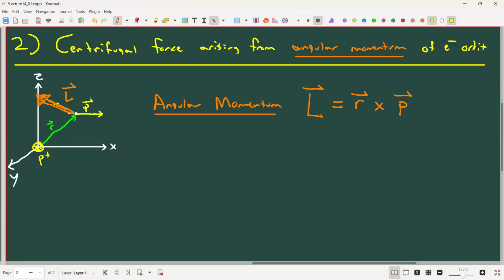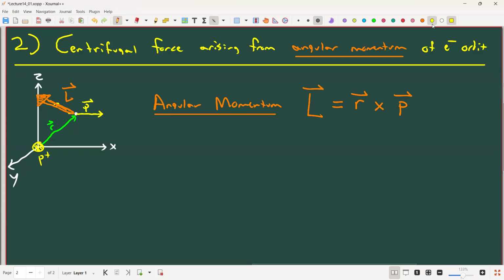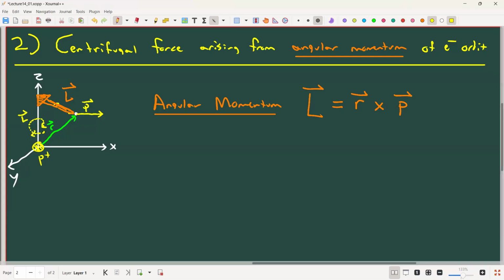And what that means is that it's going to swing this electron in the direction of the angular momentum. This electron with this angular momentum is going to spin clockwise around the z-axis. So as we watch that electron, with this momentum in this direction, it's going to swing in this direction, clockwise.